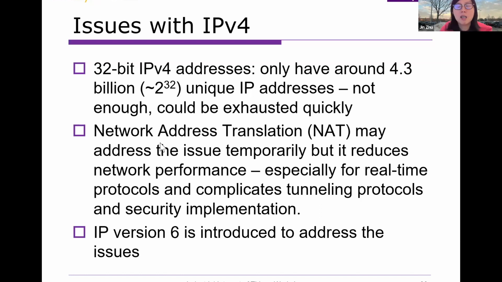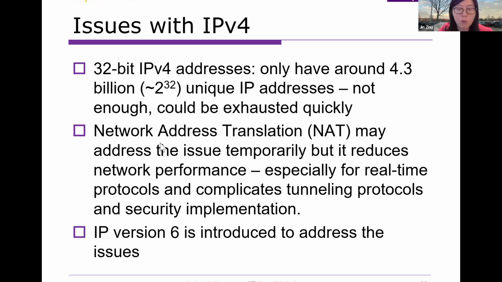Remember, by last year, we already had over 15 billion IoT devices, right? So 4.3 billion is not enough. Using private addresses combined with network address translation, we can address this issue temporarily, but it comes with some issues.